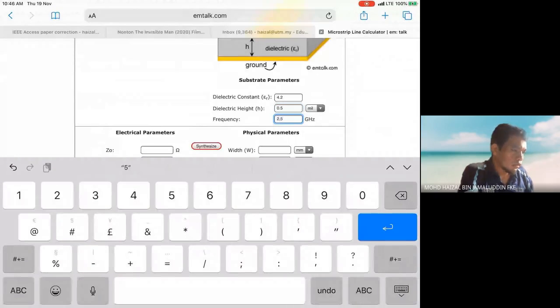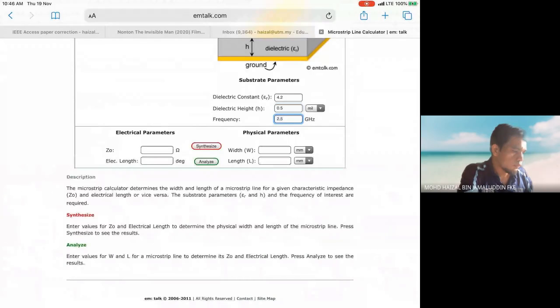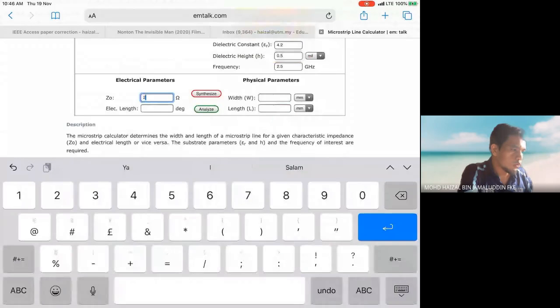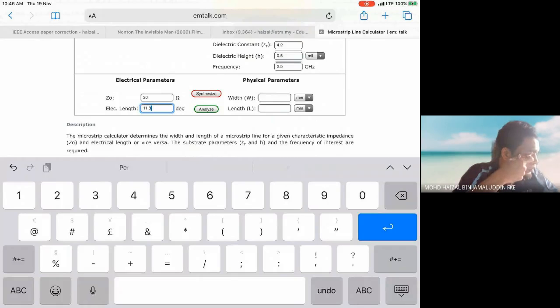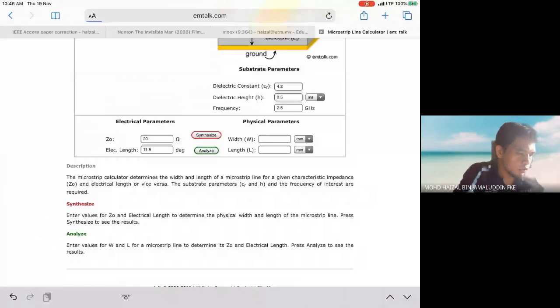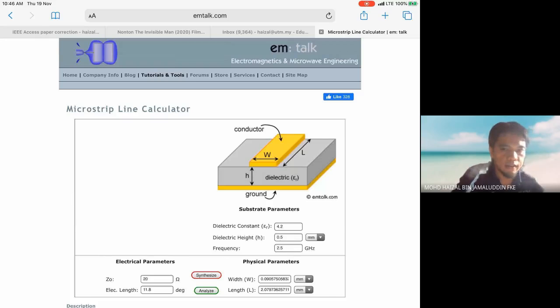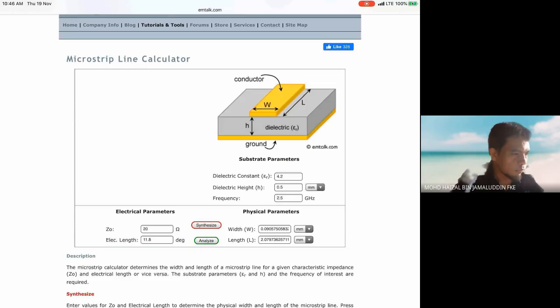Include the 20 ohm we have just now, with the electrical length of 11.8. From this, you can just push the button for synthesize, and you get the value of width and length directly from this line calculator.